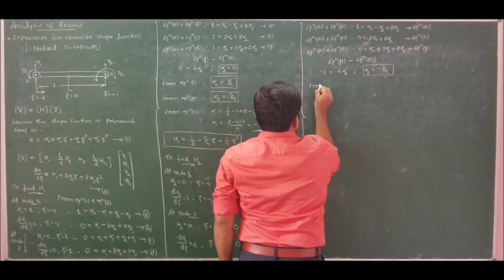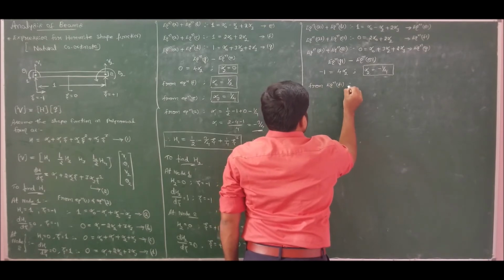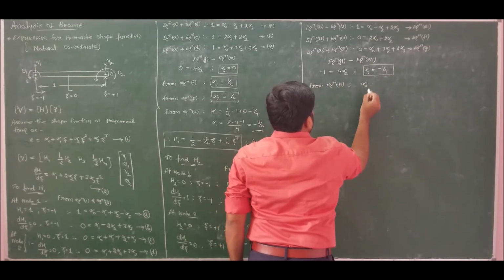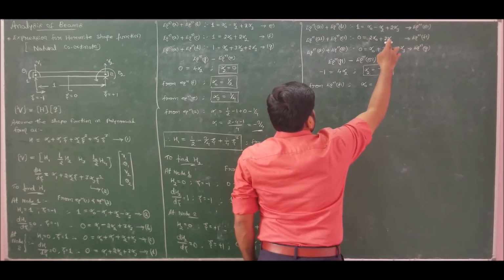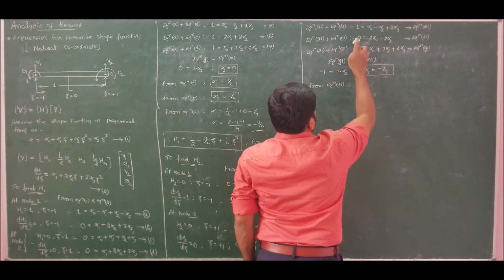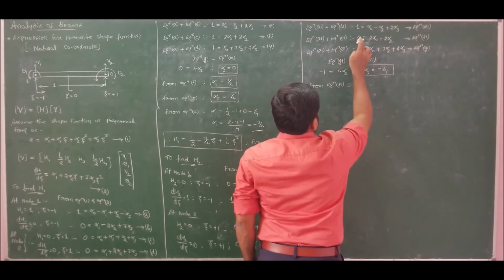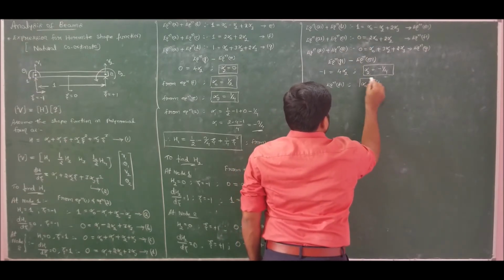So therefore, from equation F1, we will get the value of alpha naught as, so 2 alpha 2 is what we have. You take it to left hand side, it will become minus 2 alpha 2 divided by 2. 2 will get cancelled. So minus alpha 2 is plus 1 by 4.